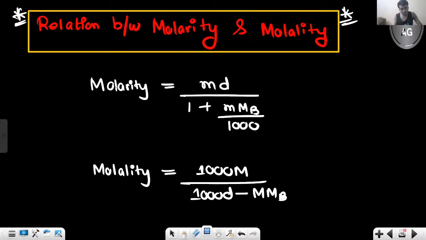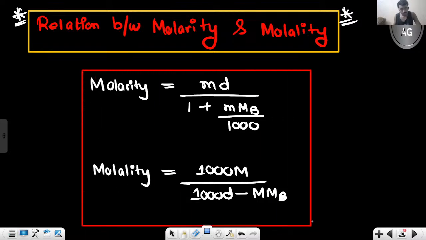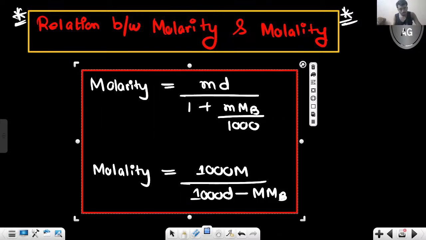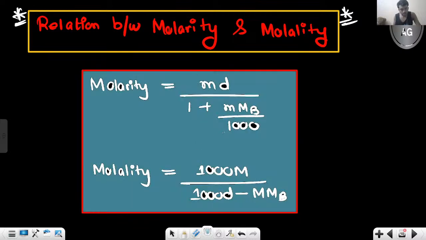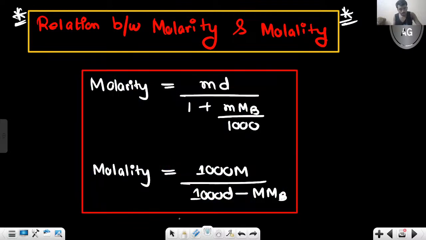So this is the formula you have to remember. বলো বোঝা গেছে? This is the relation between molarity and molality.